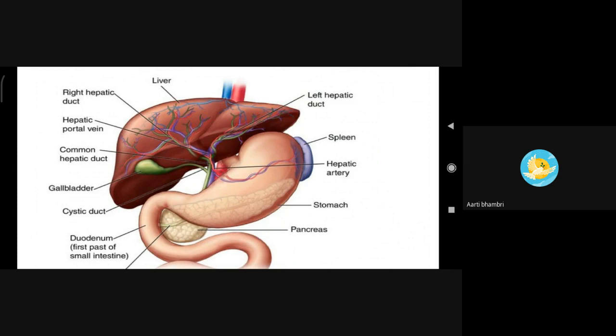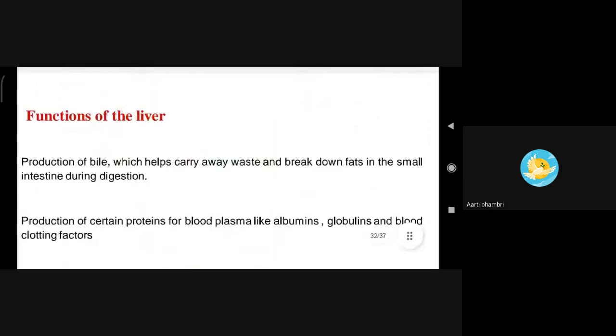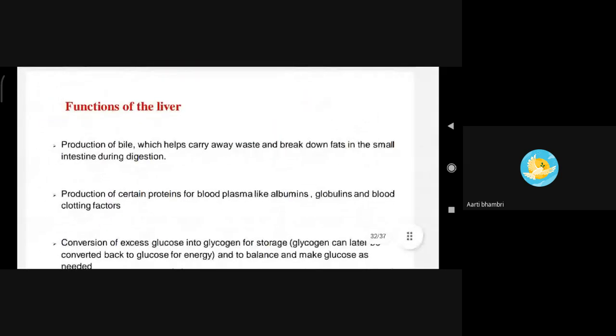So when needed, this concentrated bile juice is released to the duodenum, right? Now, we will see how important the liver is, or how important the functions done by the liver are.